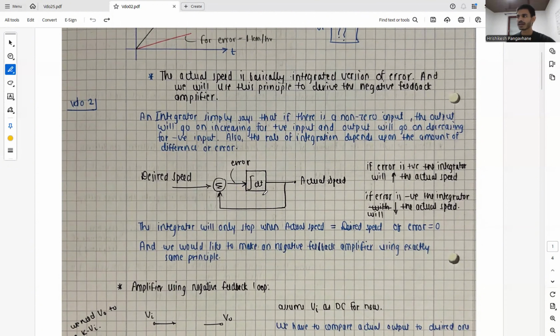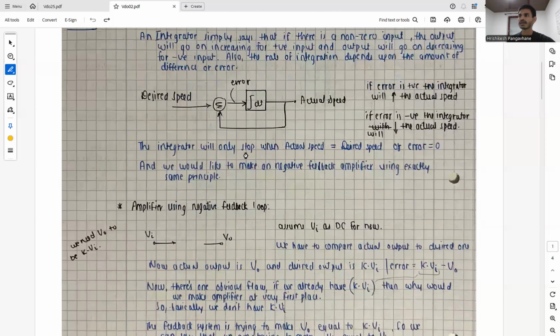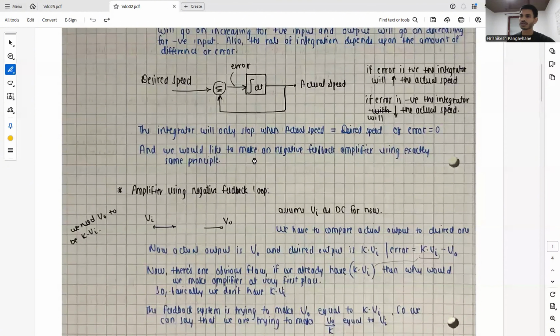And if the error is negative, the integrator will basically reduce the actual speed. And the integrator will only stop when the actual speed is equal to the desired speed, or basically the error over here is 0, and it will give a steady state response, or basically it will give a constant value.